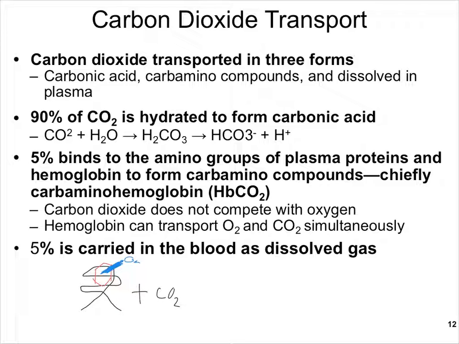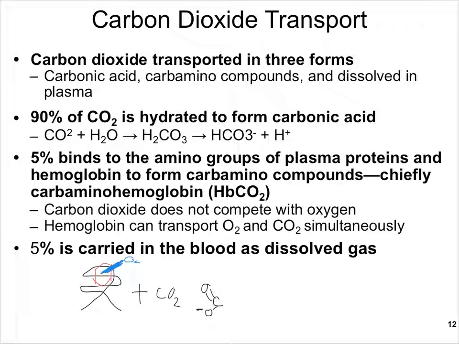Well, let's put a CO2 on there. When a CO2 binds to this protein, it binds just like it would bind to water and make carbonic acid. So it will bind with the carbon here, and it has a double bond here, and then an acid group that's going to ionize.